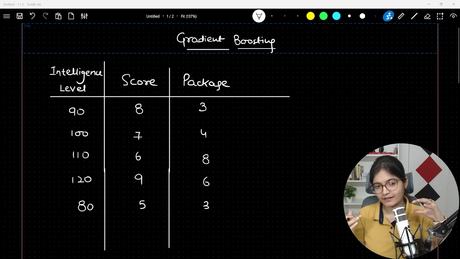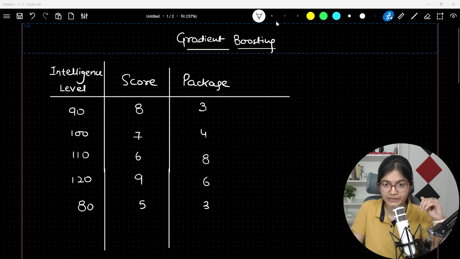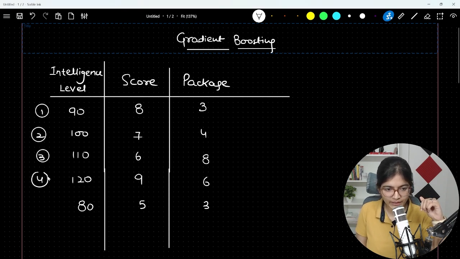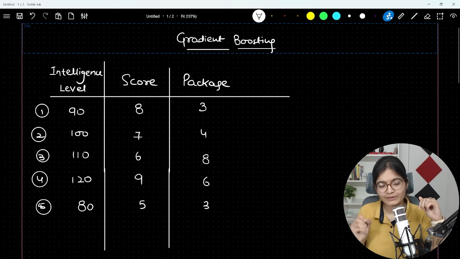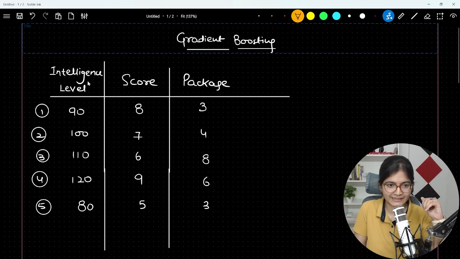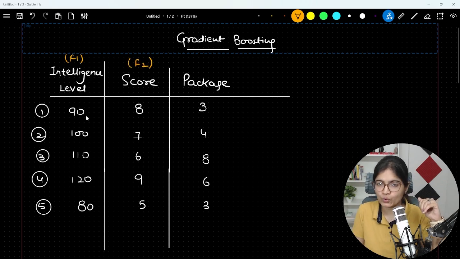For that, I have taken one table with dummy records. Specifically, I have picked five records randomly: the first record, second, third, fourth, and the fifth one. You can clearly see that we have two features in our data: feature F1, named intelligence level, and feature F2, named score.